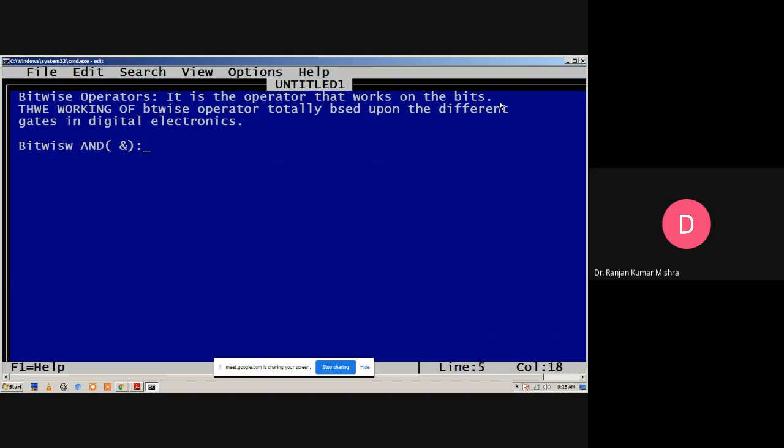Clear? Now we discuss the use of the bitwise and operator.